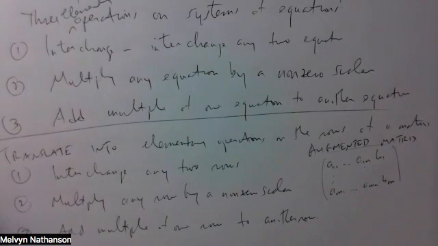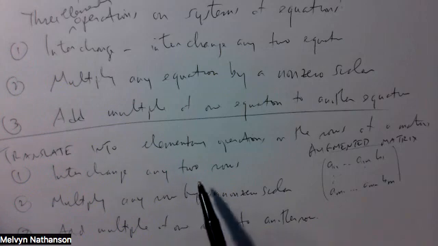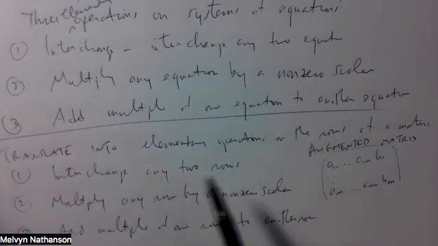So these are the elementary row operations on a matrix. You can interchange two rows, you can multiply a row by a non-zero scalar, or you can add a multiple of one row to another. And notice each of these operations is reversible. If you interchange two rows, and then you interchange the same two rows again, you're back where you started.